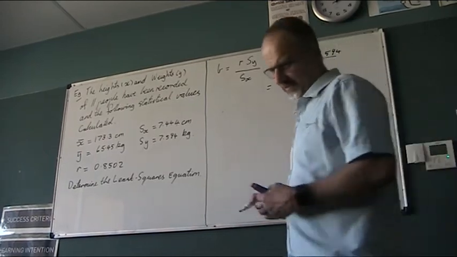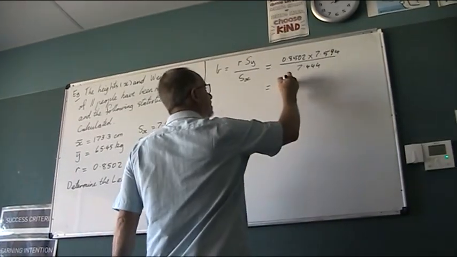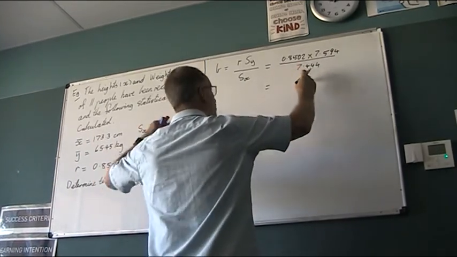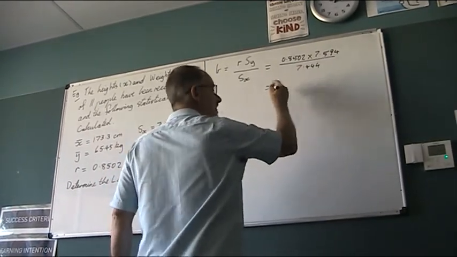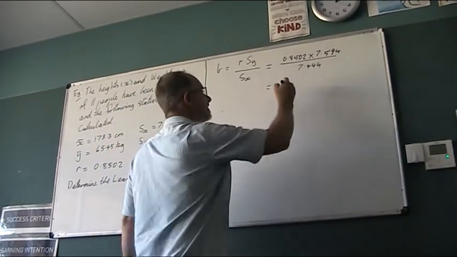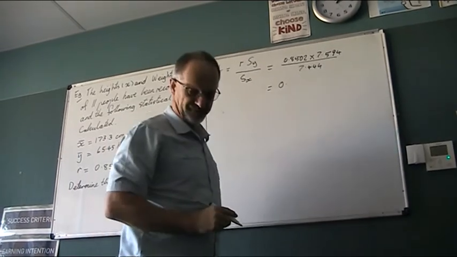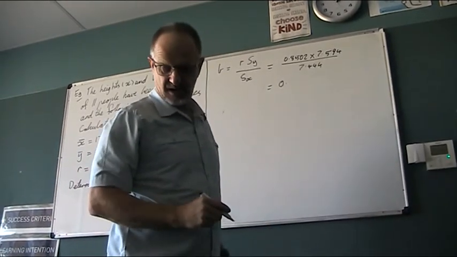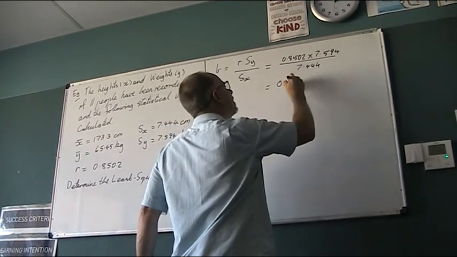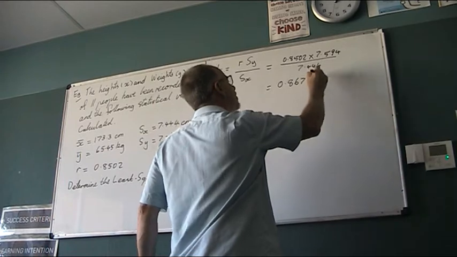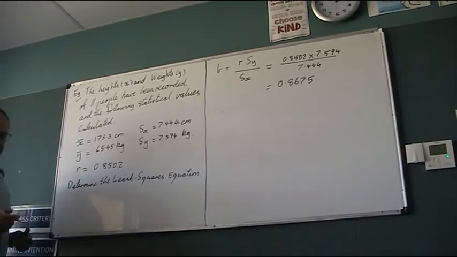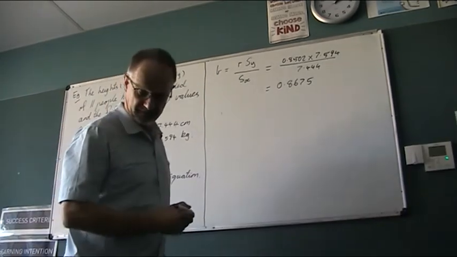And then do all this on our calculator and to 4 decimal places, and I'm doing that because it looks like we've got 4 figures in all this stuff. So for 4 figures, and which in this case ends up being 4 decimal places, we get 0.8675.